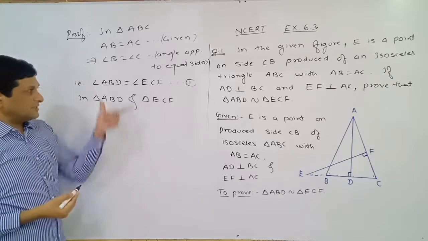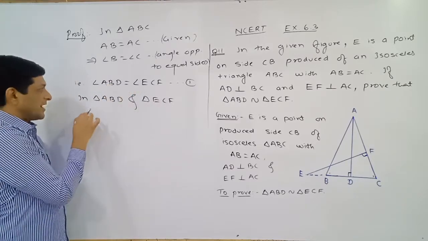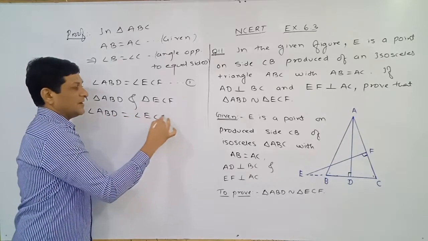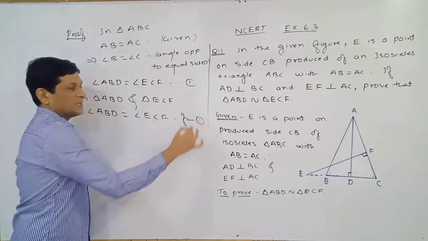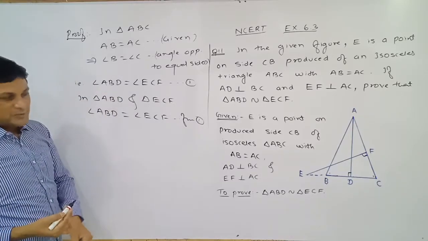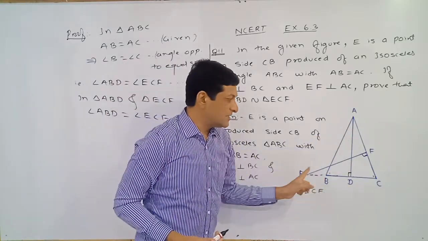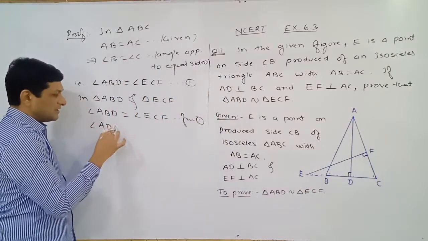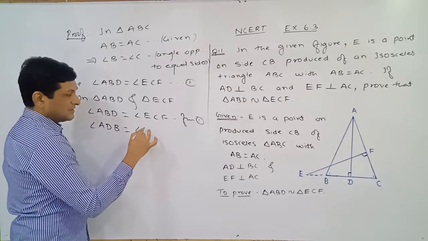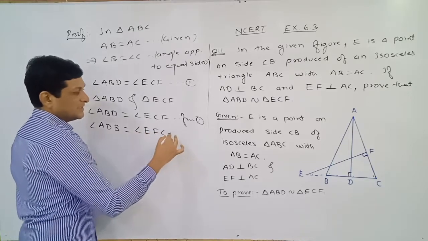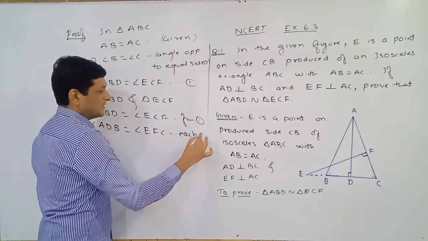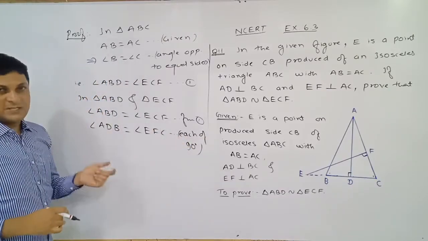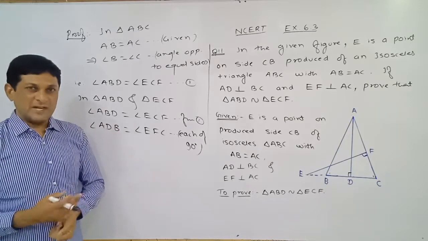In these two triangles, angle ABD is equal to angle ECF, from equation number 1. Again, angle ADB is equal to angle EFC, each of 90 degrees. So two angles of the first triangle are equal to two angles of the other triangle.